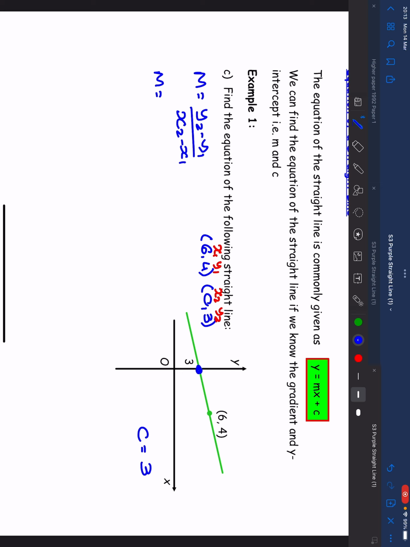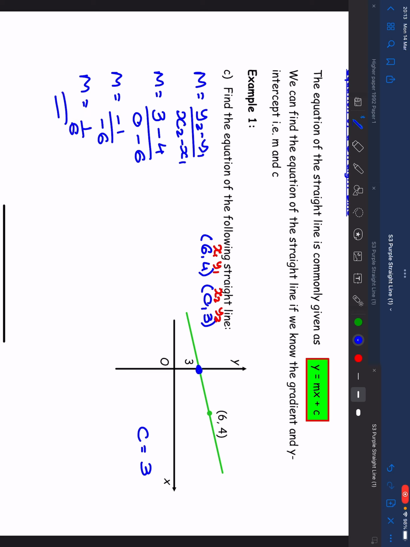So m is equal to 3 take away 4 over 0 take away 6. 3 take away 4 is minus 1, over 0 take away 6 is minus 6. Therefore, the gradient has to be a sixth.